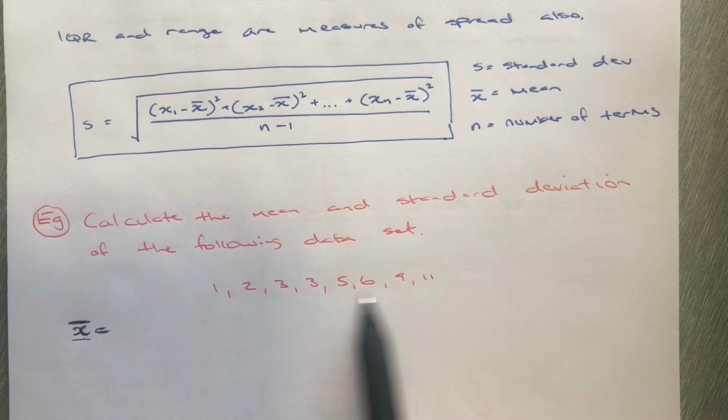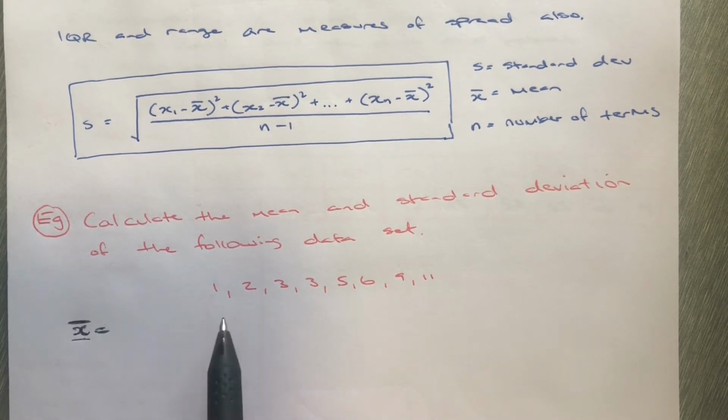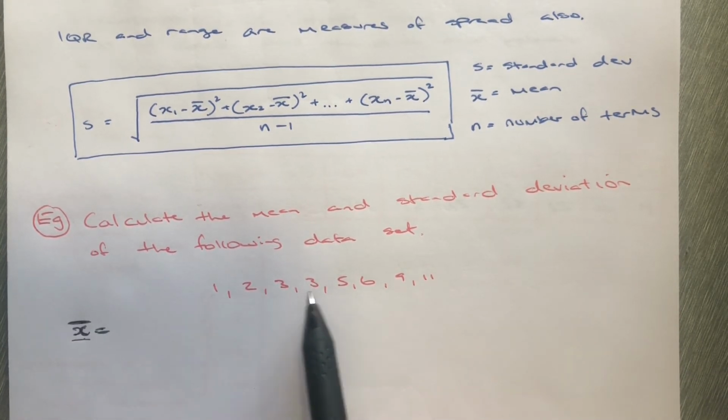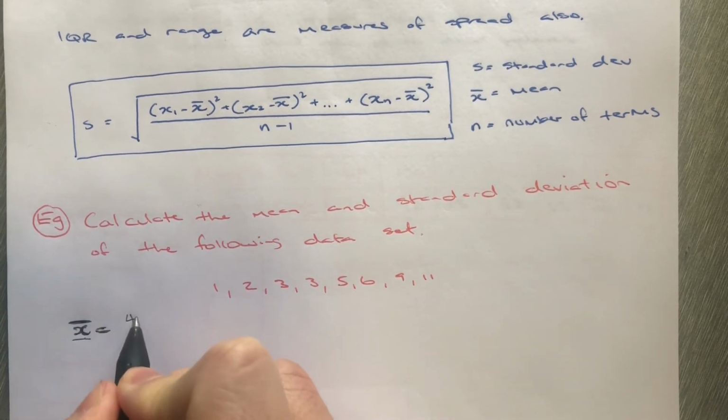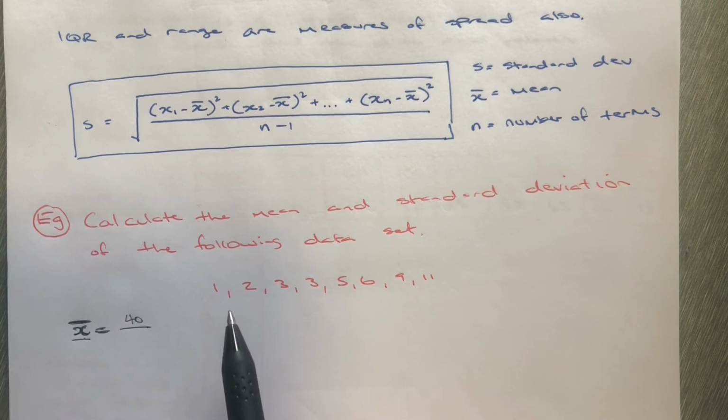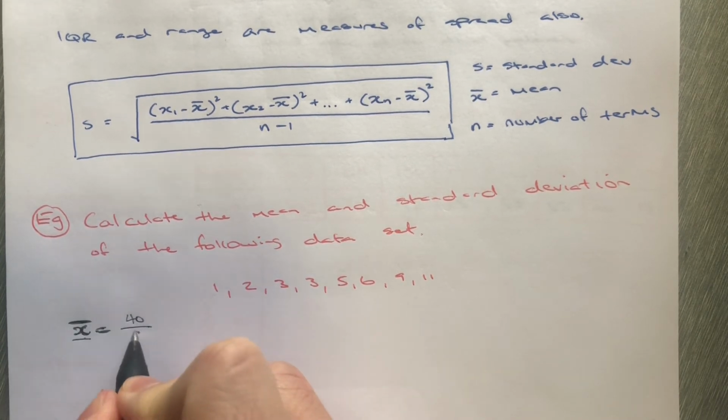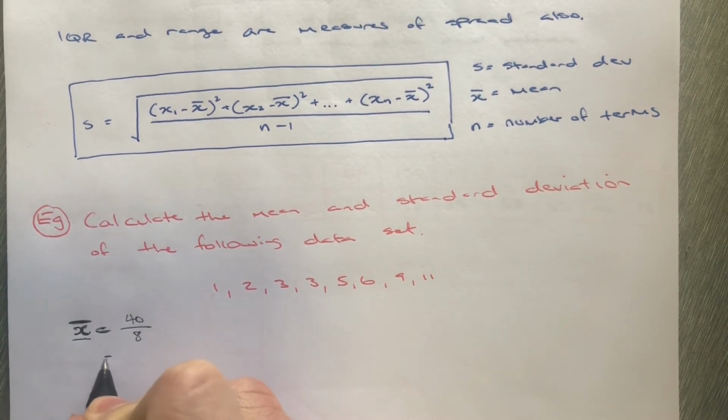All right, if I add all these up, I can write it all down, but I might just do it in my head. 3, 6, 9, 14, 20, 40. So they all add to 40. And then there were 8 terms. So 40 divided by 8. That means our average or our mean is going to be 5. Cool. So we've answered the first part of the question, what the mean is.